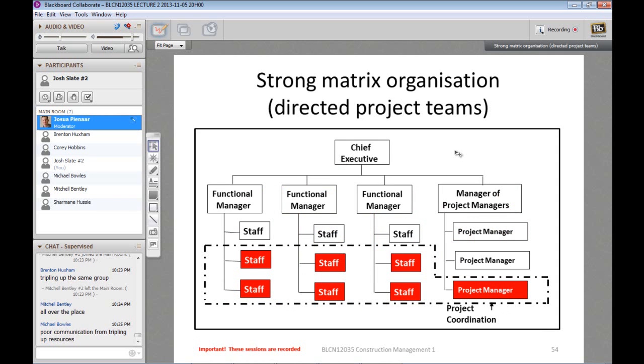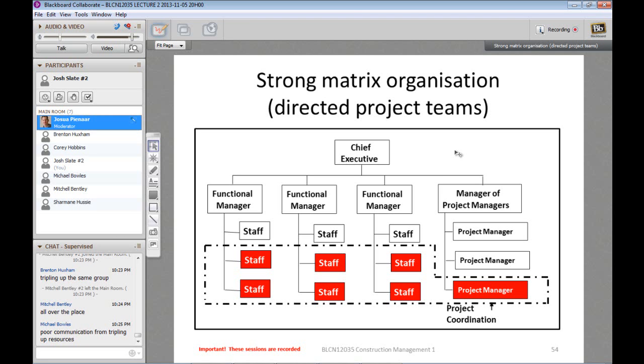All right, so let's have a quick look at an example of a strong matrix organization. Again, what we've done now is add a line, so we've defined our project coordination line. Our project manager has some designated staff members. The staff members in red all belong to that specific project, and therefore he has access to those resources. In this case, he doesn't have to compete for the resources, making it a little bit easier.